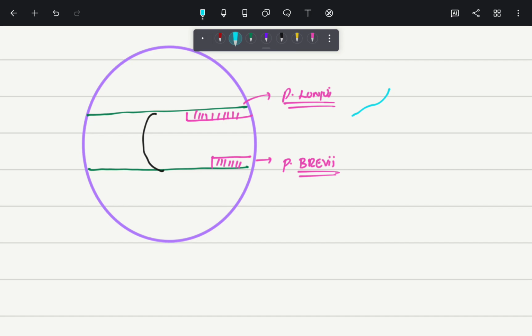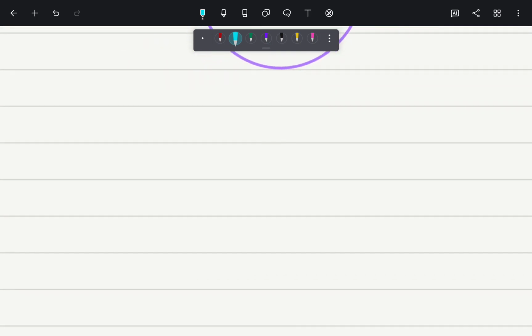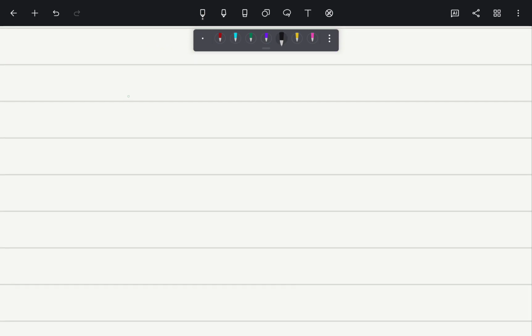The nerve supply to the lateral compartment is the superficial branch of the common peroneal nerve. I hope you are clear with this. Now I am going to summarize everything. First I will talk about the anterior compartment muscles. Anterior compartment muscles are supplied by the deep branch of the common peroneal nerve.